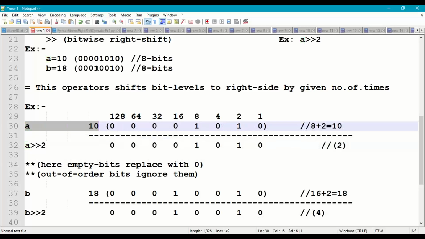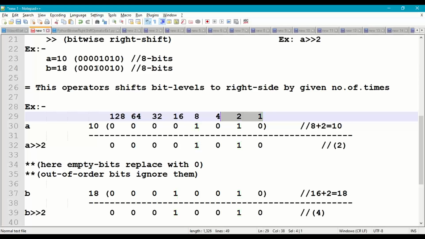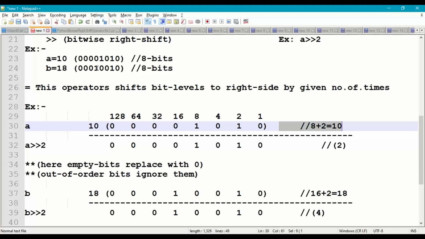The binary representation is 00001010. Its decimal place values go like this: 1, 2, 4, 8, 16, 32, 64, 128 for 8 bits. Wherever there is a 1, add the value. We have 1 here for 8, and next we also have 1 here for 2. So 8 plus 2, the decimal value is 10.